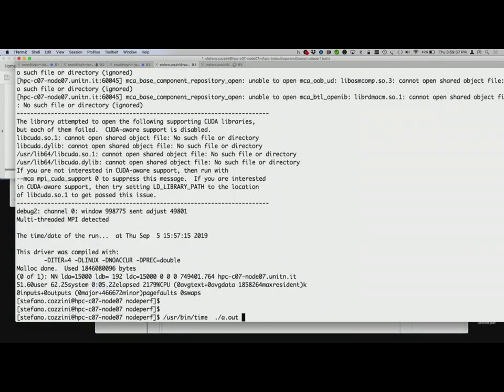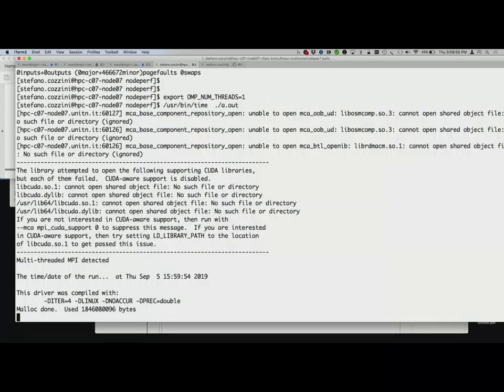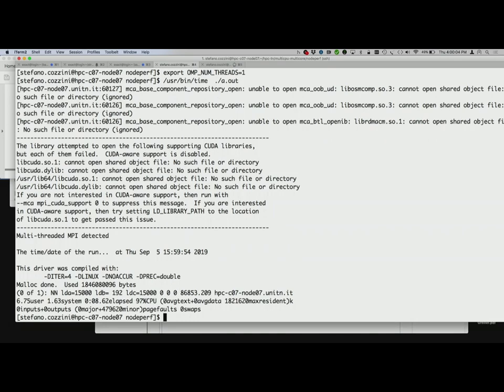If I do export OMP_NUM_THREADS=1, and now I'll do that, it will take a little bit more, of course. But I see that I have 97% of CPU.